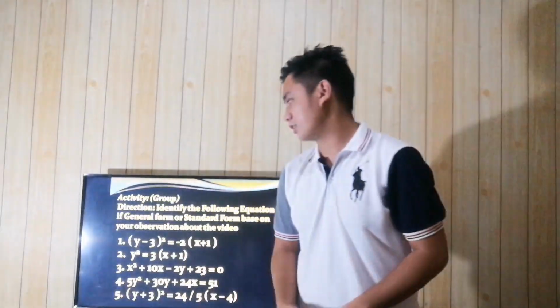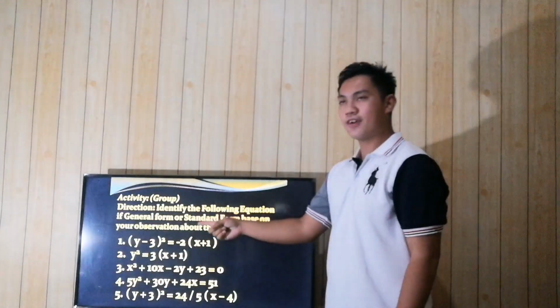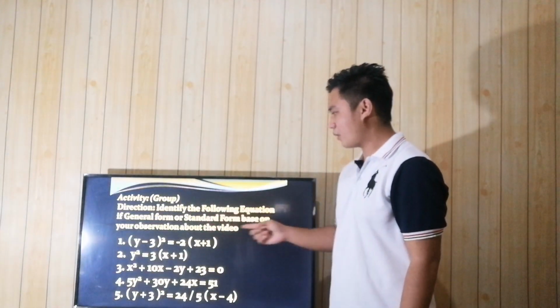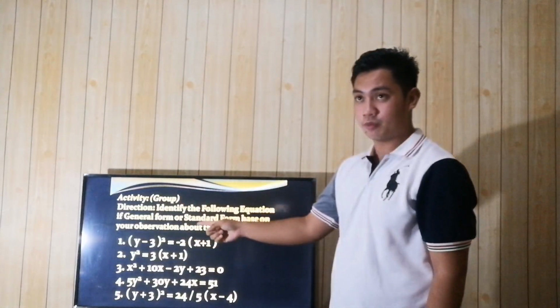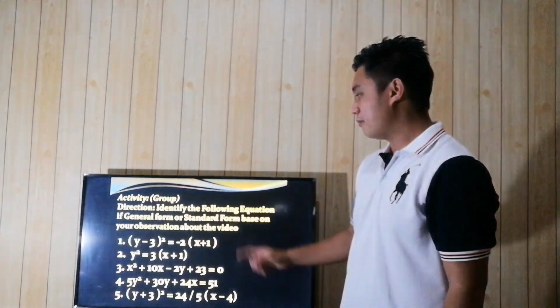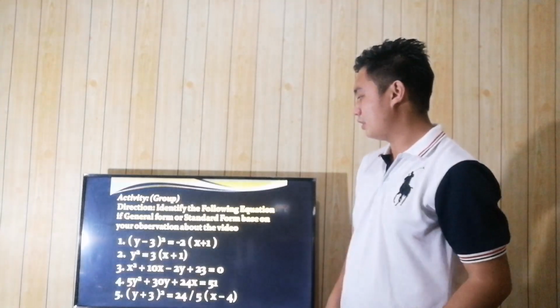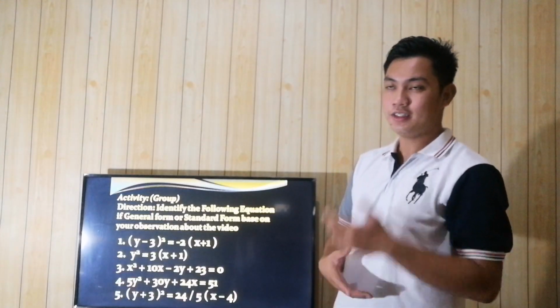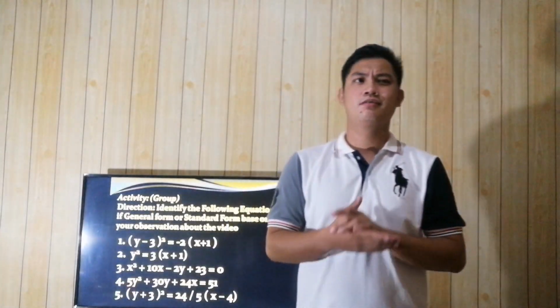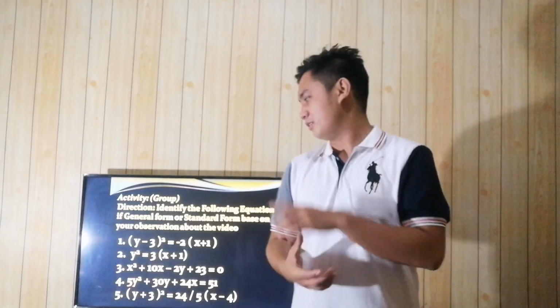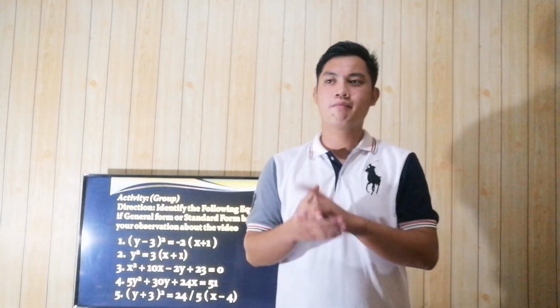This is the direction: identify the following equation in general form or standard form based on your observation about the video. Kung talagang nanood, nag-take note kayo, ma-answeran nyo ito. You have 5 minutes students to answer this. Your time starts now.